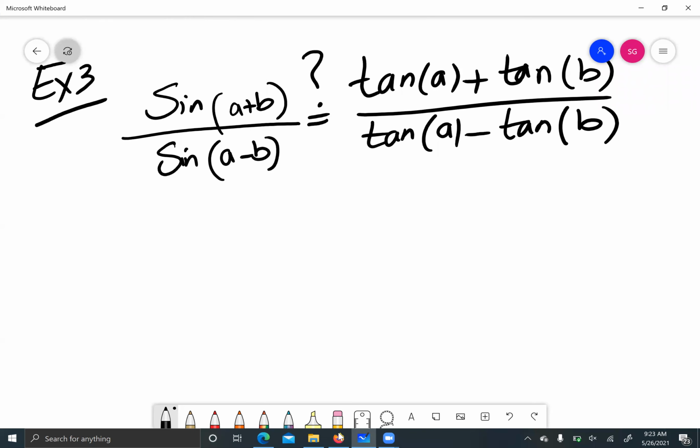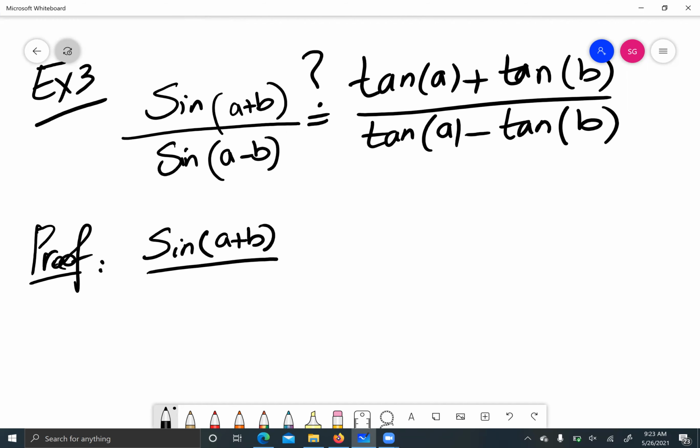So we can either start from the left and start simplifying, or start from the right, because we just learned about the sum and difference identities. Let's start with the left side, because on the left side you have sine of A plus B over sine of A minus B. So we can use the sum and difference identity.